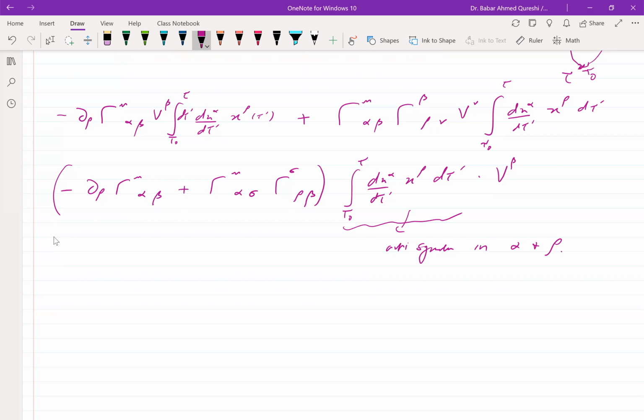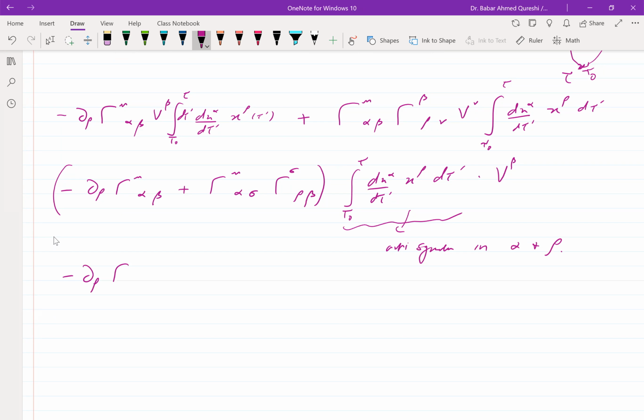So that means I can remove the symmetric part from it, and the thing multiplying it will only pick up its antisymmetric part. This we have learned, right?